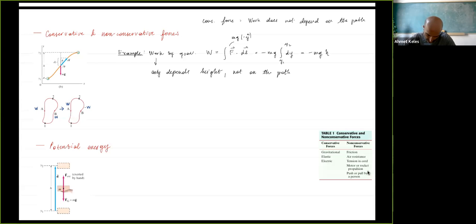And generally, as a rule, maybe I can write it here. Conservative forces depend on things like position, whereas non-conservative forces depend on things like time.